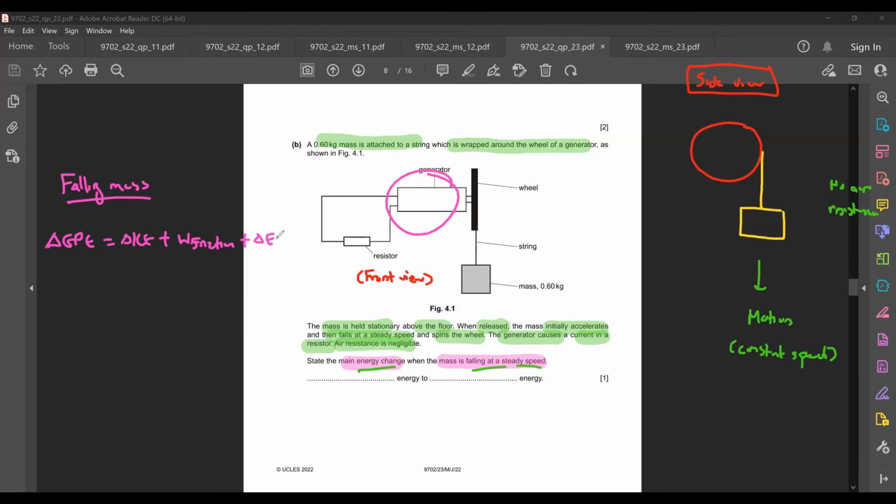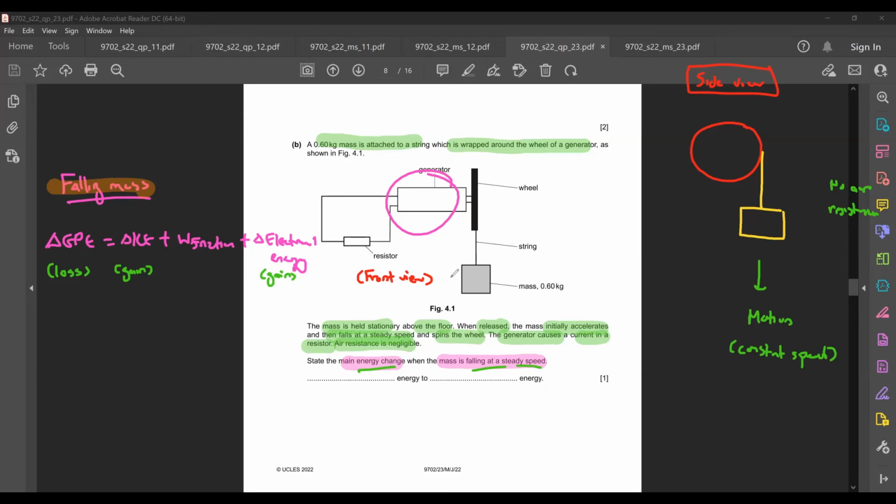Increase in electrical energy, right? Under most circumstances, for the falling mass, whatever loss in GPE you have could be converted to gain in KE, work done against friction, or gain in electrical energy.